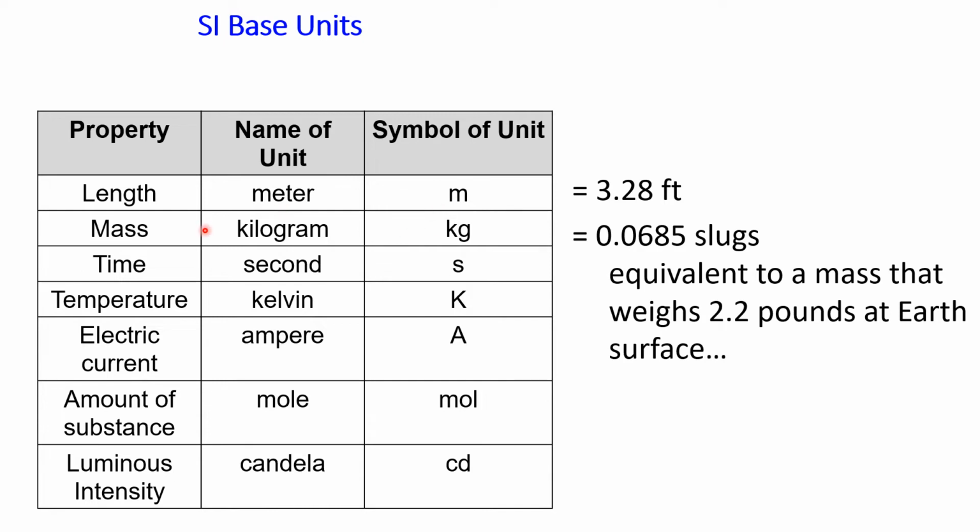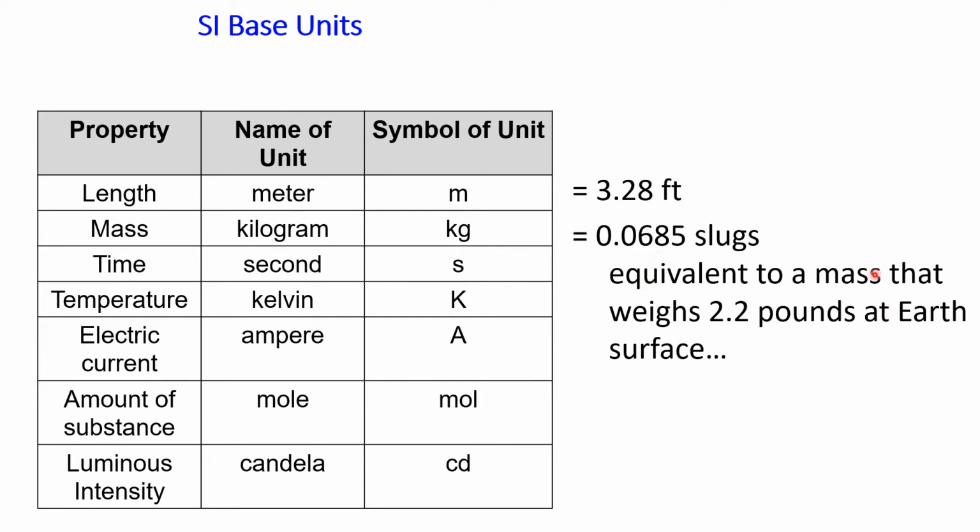All right, mass. The base unit in the metric system is the kilogram. It is modified with kilo, but it's 1,000 grams precisely. Now, technically, there's a unit for mass in our Anglo-Saxon system, but it's not pounds.